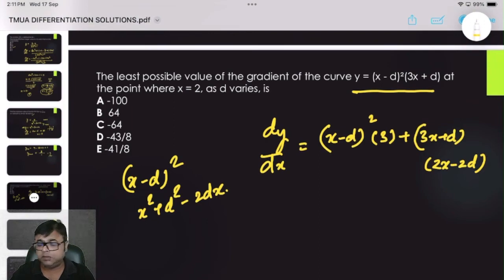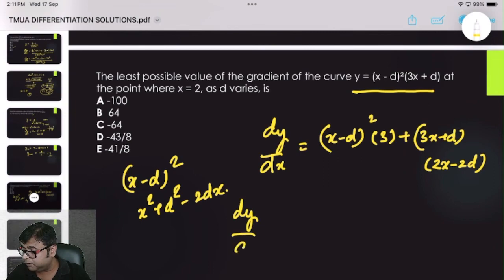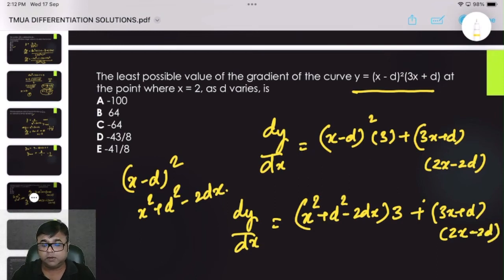So dy by dx will give me (x square plus d square minus 2dx) into 3, and then the multiplication of these two, (3x plus d) into (2x minus 2d). Right, so this is what I've got.